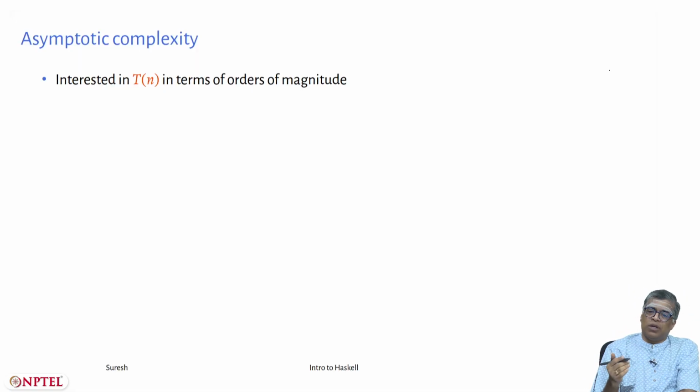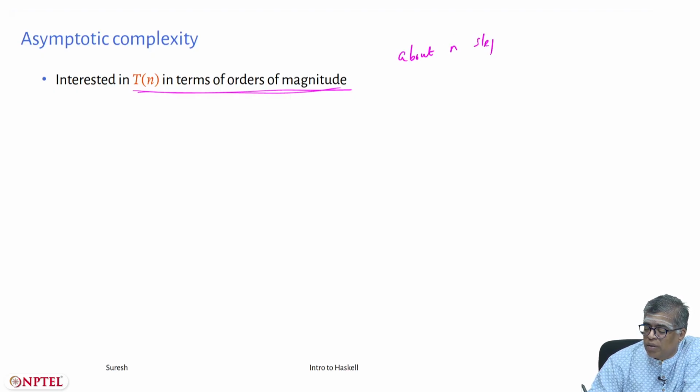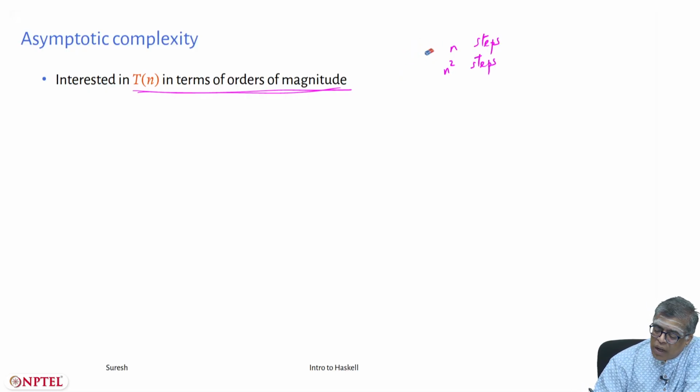Now we make one more decision, we make one more abstraction. Rather than look at the precise worst case time for inputs of size n, we are only interested in this number of steps in terms of orders of magnitude. Okay. So you want to say about n steps or about n squared steps, yeah, around, let's say time taken is approximately, this is what you want to say.